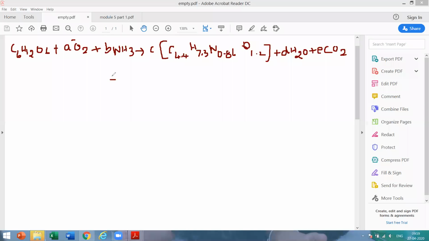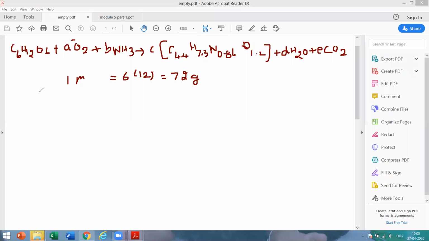I am not writing the left hand side. Same condition: 2/3 of the carbon in the substrate has been converted to biomass. How much carbon is present in 1 mole of substrate? 6 into 12, that is 72 grams. Next step, what do we have to do?